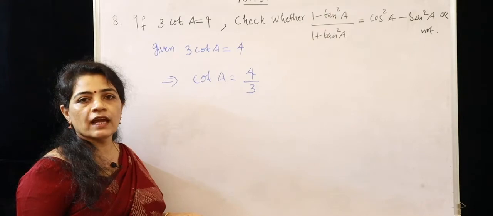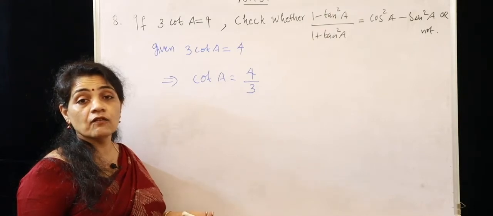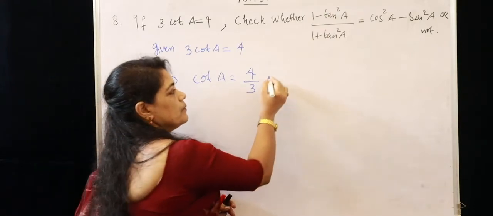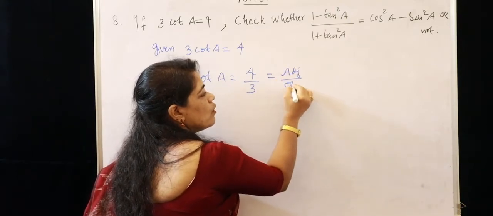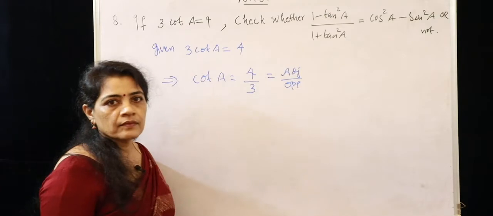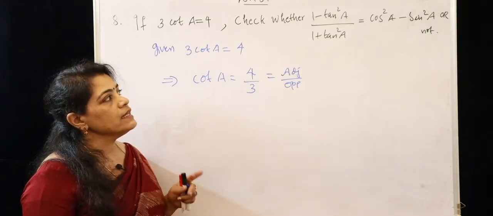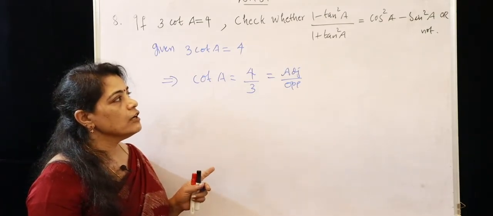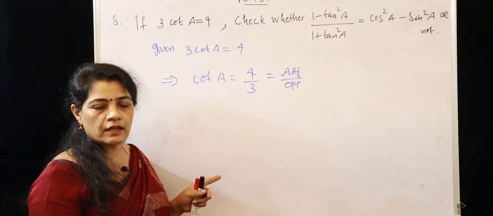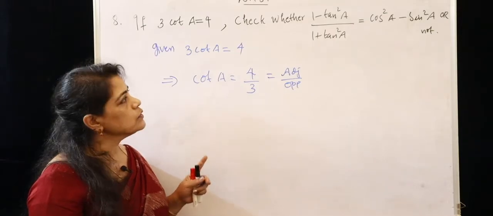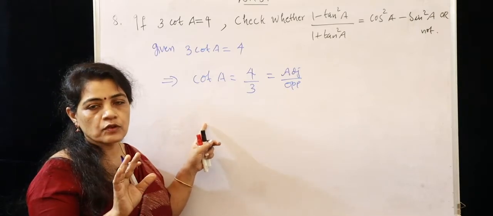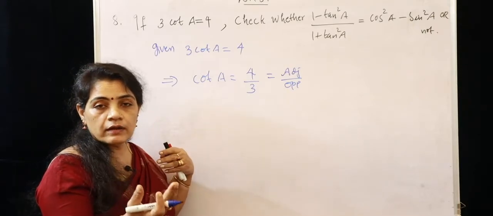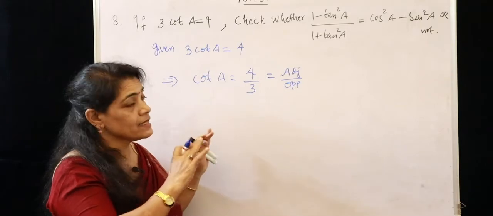The reciprocal of tan A, that is adjacent side divided by opposite side. Here, 1 minus tan square A divided by 1 plus tan square A. Tan is the reciprocal of cot. So we don't need the hypotenuse in the LHS part.